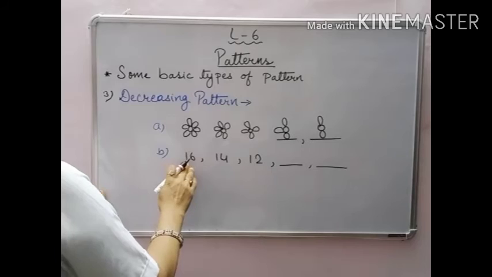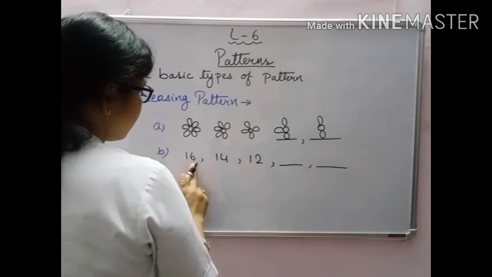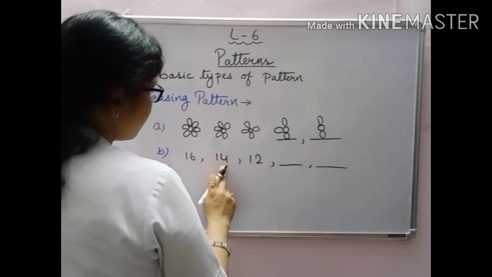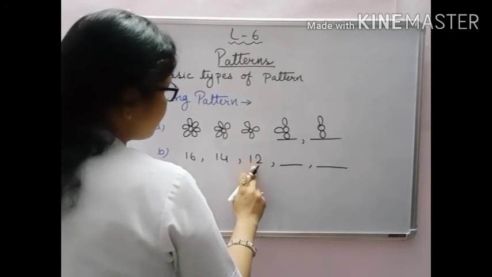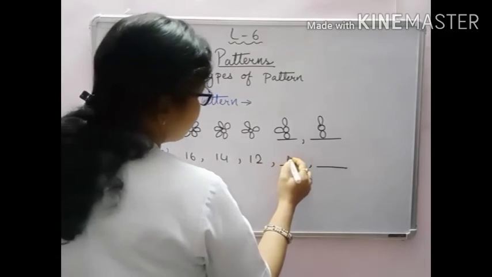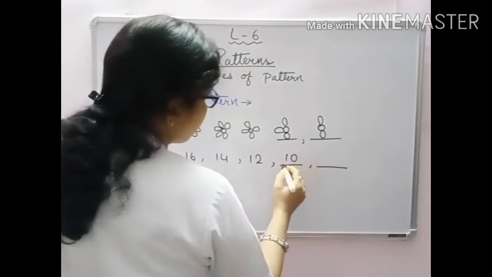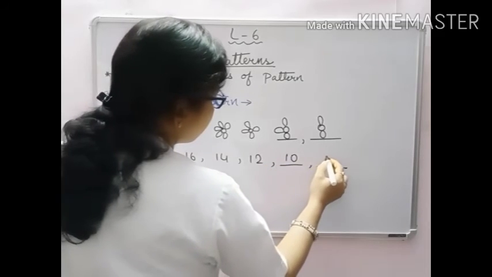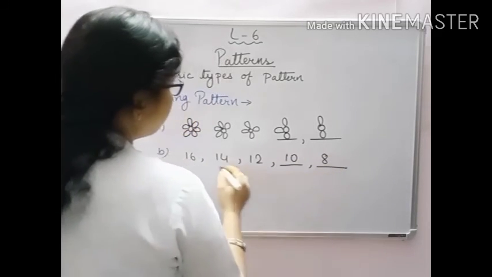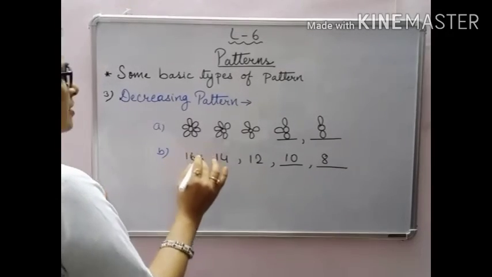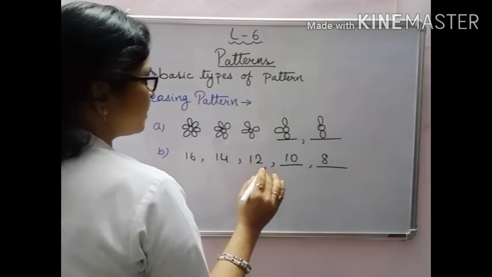Now, in the next example, 16 is there. After that, 14. After that, 12. What will be next? The next will be 10. And after that, it will be 8. So, in this pattern, numbers or figures are decreasing.